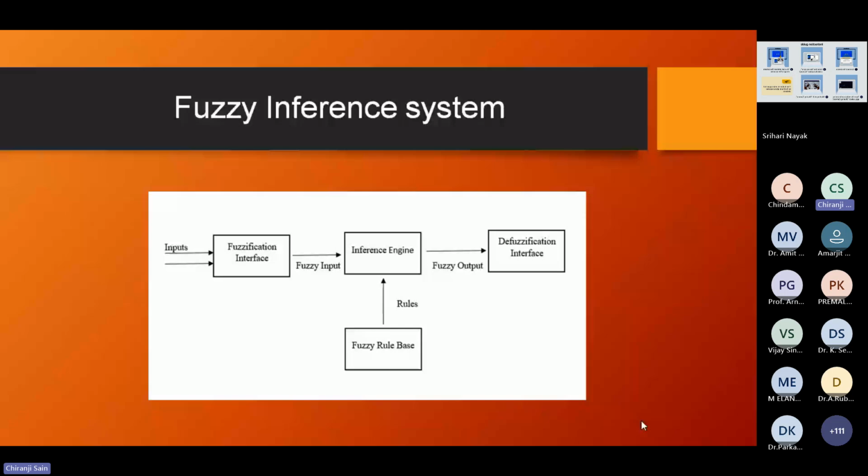So fuzzification, defuzzification, fuzzy output, and the membership functions need to be initiated depending on the variables. It could be a triangular membership function, it could be a trapezoidal membership function, and depending on that we need to create the particular fuzzy logic.